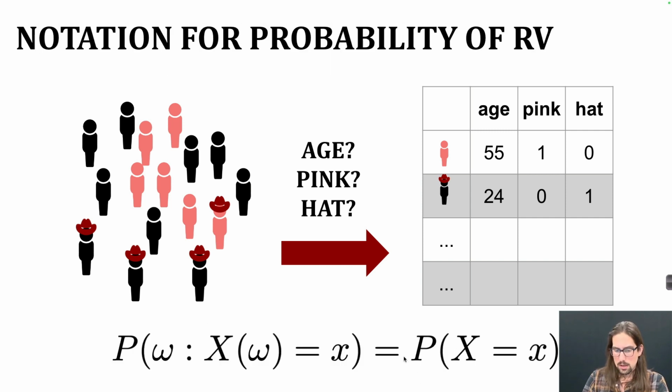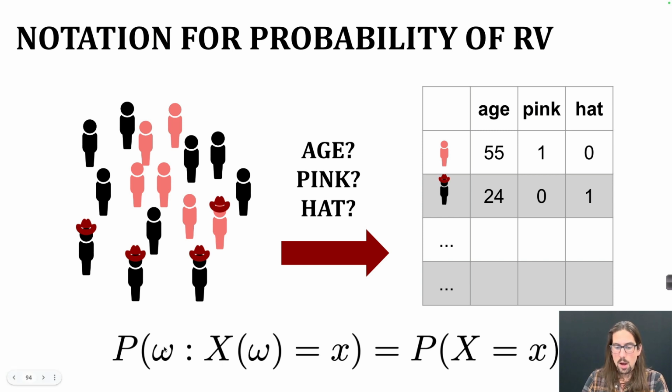And what does this mean? This notation says probability of, so here this is interpreted as a count. So it's how many people, so little omega, remember, you can think of as an individual. How many people are there such that this measurement taken on each person gives this value?